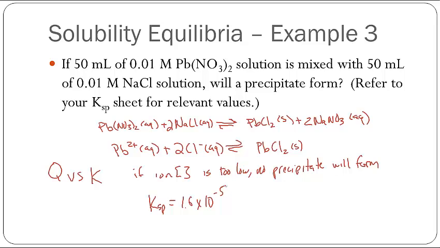So now we have to see really what we want to look at. This is the way that the reaction for the K reaction is generally written. It's a solid going to the ions.